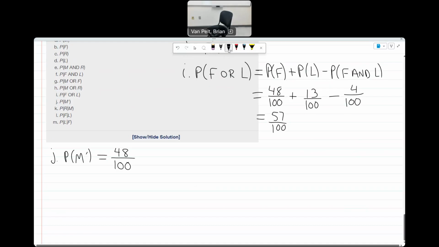This is an interesting point too. If I were to ask you, what's the probability of being either male or female? Do you need to do the formula to know what that answer is going to be? What's the probability we're going to have a male or female?